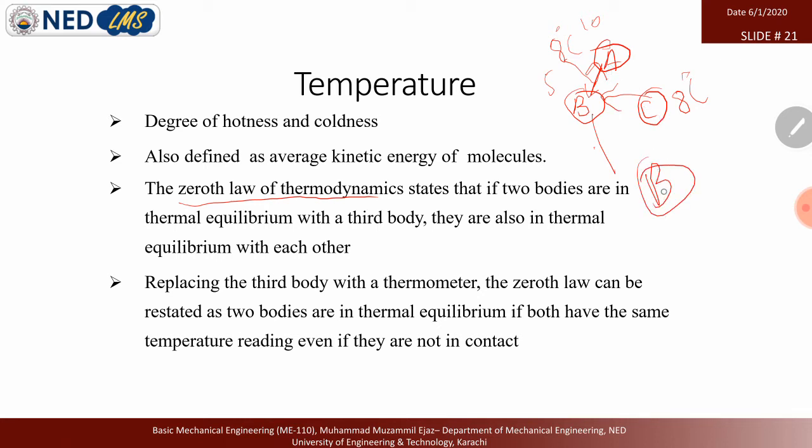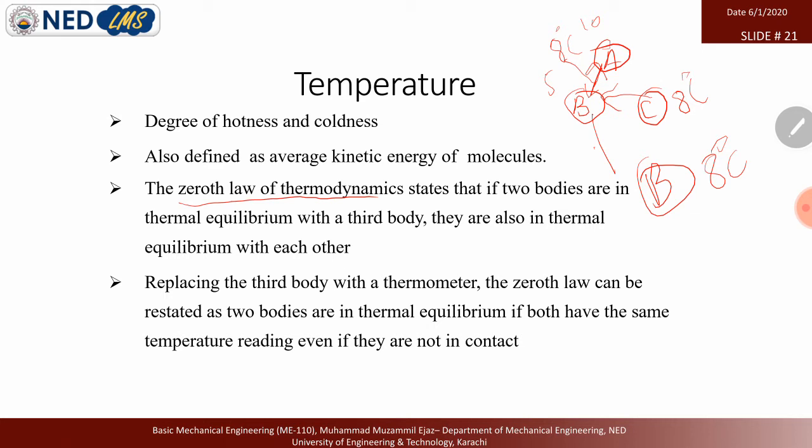Body A is in contact with B and C, but body B is not in contact with body C. But due to the same temperature, we can call them to be in thermal equilibrium. This is the zeroth law of thermodynamics. If the temperature is the same and there is no heat exchange between two bodies, even if they are not in contact, then they are also said to be in thermodynamical equilibrium.